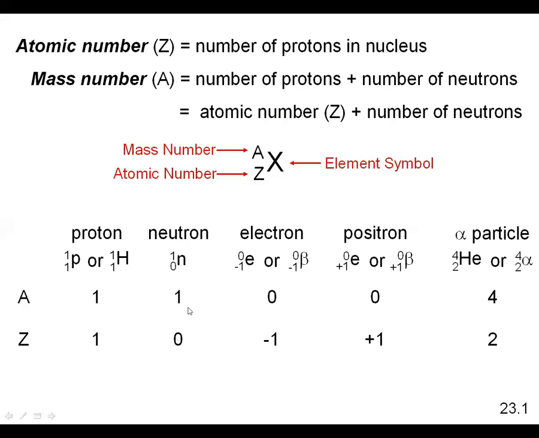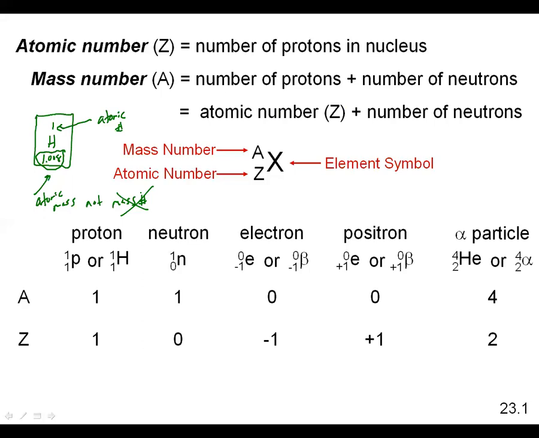So just a reminder that when you look at the periodic table, something like hydrogen, this is the atomic number, which is your number of protons. This number on the bottom is not your mass number. This is your atomic mass, not the mass number.